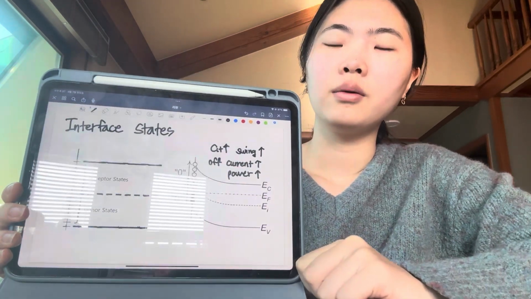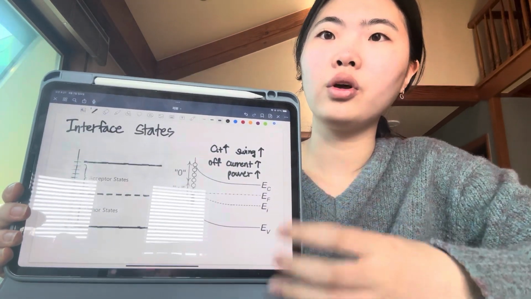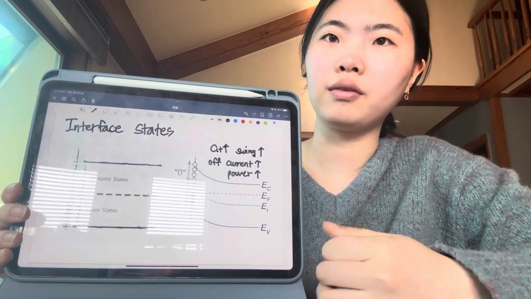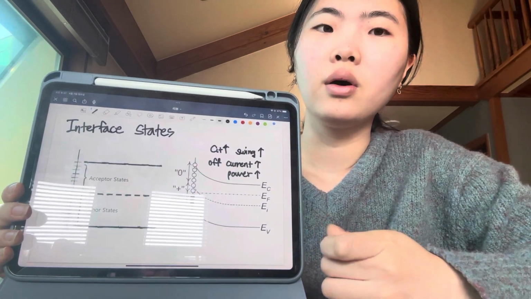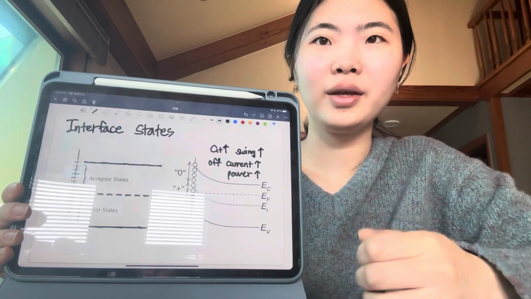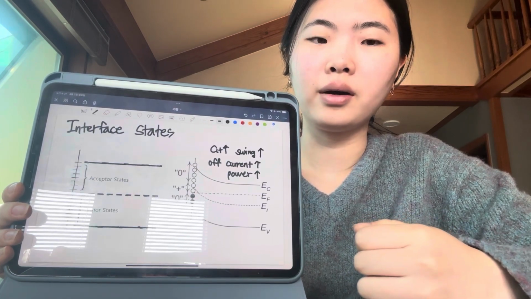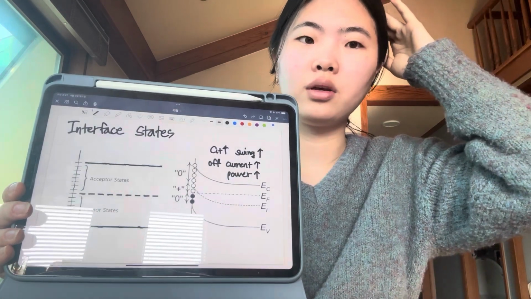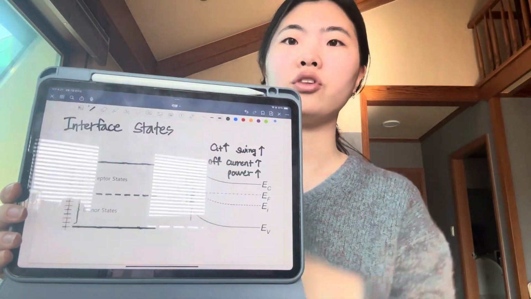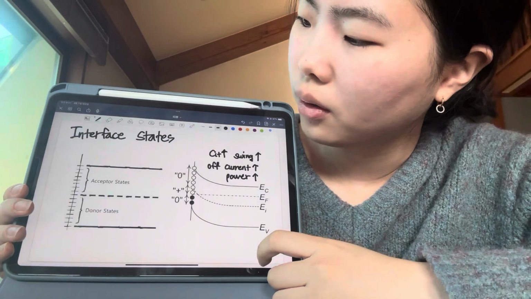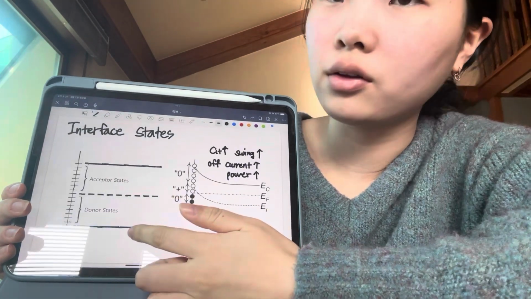Then we should know the characteristics of interface states, because we always meet interfaces while we do engineering. These are the acceptor states and the donor states.